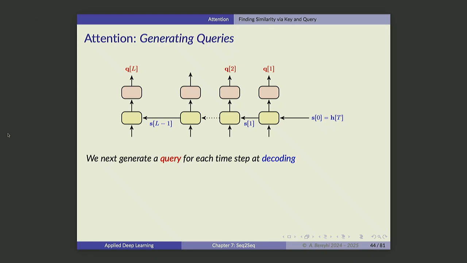Now, I have this query, but before I use this query to speak, to compute the probability and say my first token, maybe I can compare my query to all the keys that had been inside the encoding. So I could say, OK, this query, how much is it relevant to the first token in the encoder, the second token in the encoder, and so on.